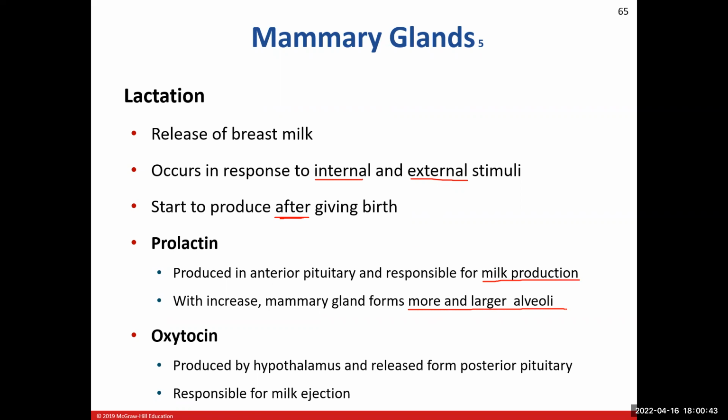Now, oxytocin, you remember this from chapter 17, is made in the hypothalamus, but stored and released from the posterior pituitary. And oxytocin is going to be responsible for milk ejection. So again, we need both prolactin and oxytocin.